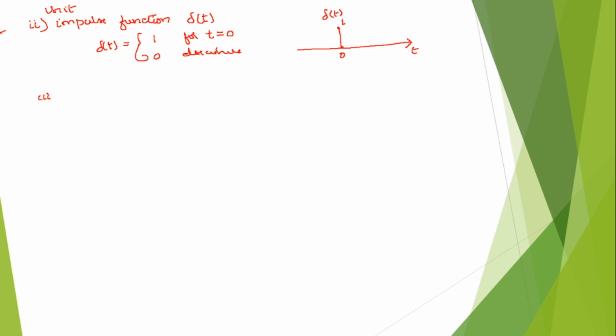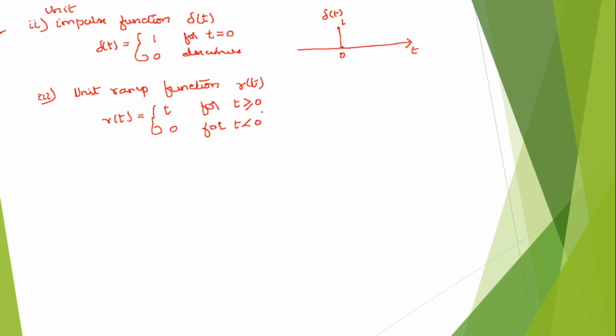The third one is the ramp, the unit ramp signal or unit ramp function, denoted by r of t. Now this r of t equals t for t greater than or equal to 0, and 0 for t less than 0.